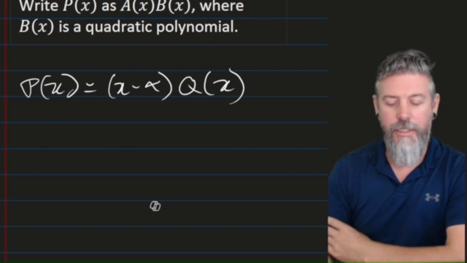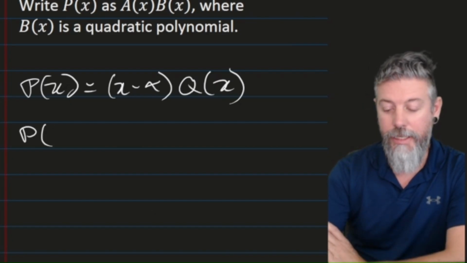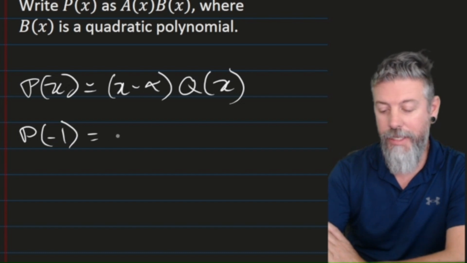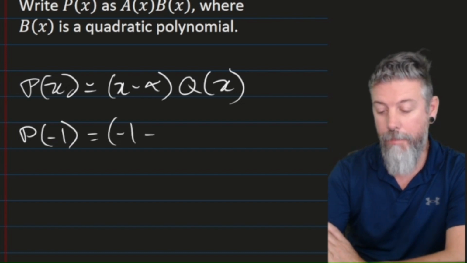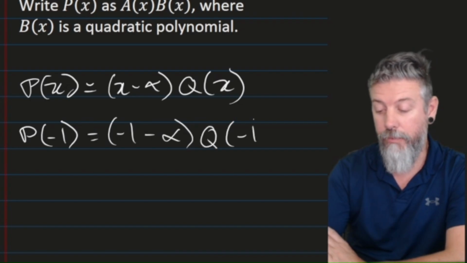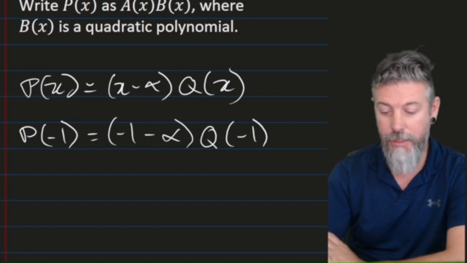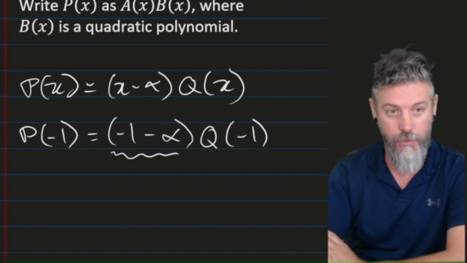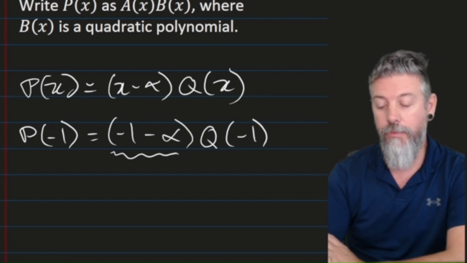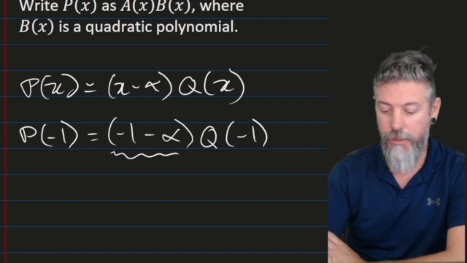And why this works is because if we put -1 in, and we get -1 minus alpha times q of -1, and we know that this is equal to 0. The only way that we can make this be 0 is if this equals 0. So -1 minus alpha equals 0.